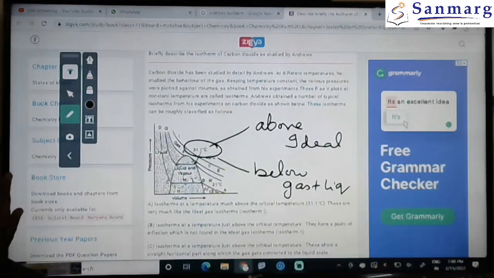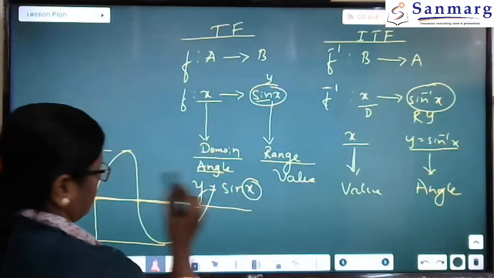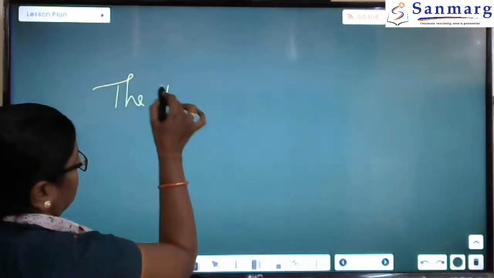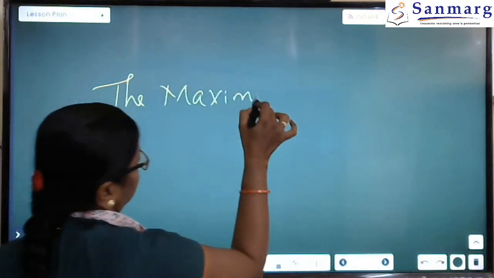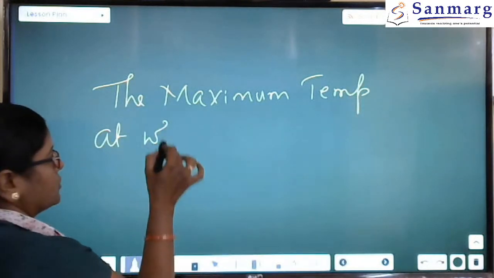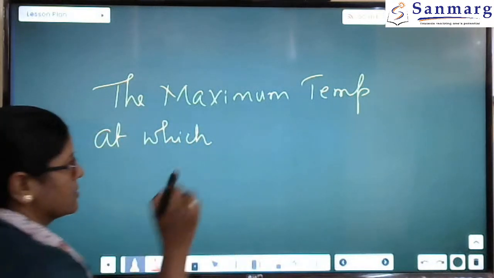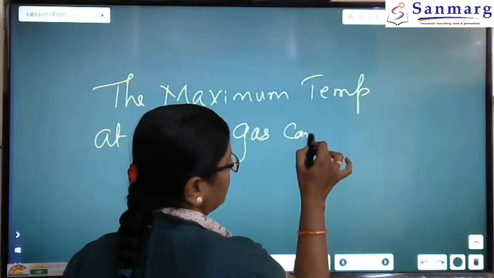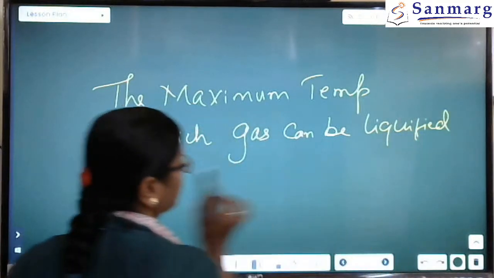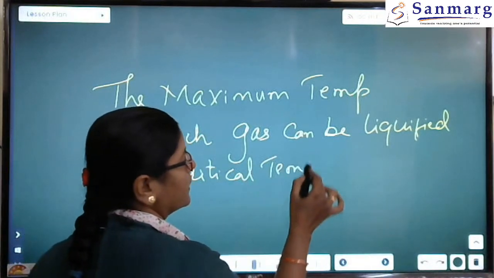The maximum temperature at which a gas can be liquefied is called the critical temperature.